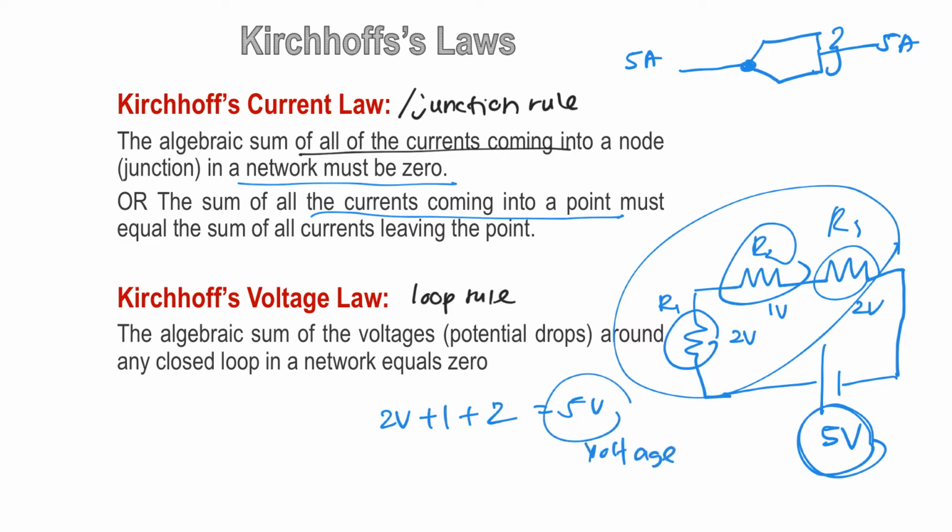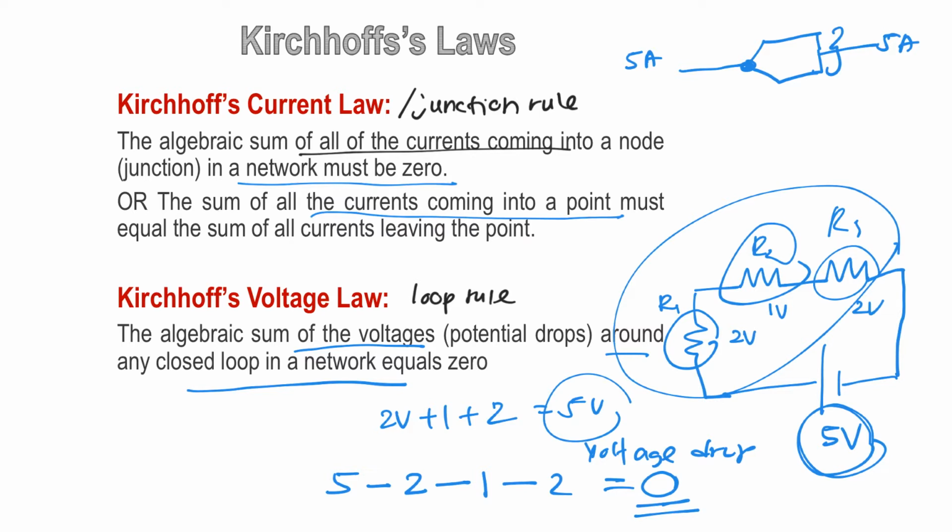So the algebraic sum of the voltage around any closed loop in a network equals 0. You have 5 volt of energy that drops at R1, at R2, and at R3, so the closed loop is equal to 0. That's what is meant by Kirchhoff's voltage law.